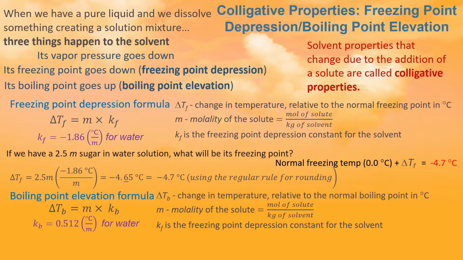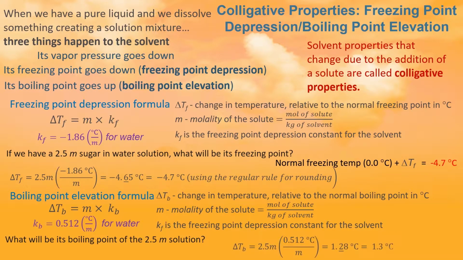For water, the value of this constant is 0.512 degrees Celsius divided by the molality of the solute. For our 2.5 molal sugar solution, the boiling point elevation is calculated to be 1.3 degrees C higher in temperature than the boiling point of the pure solvent. The normal boiling point of water is 100 degrees C, but this sugar solution will boil at 101.3 degrees C.